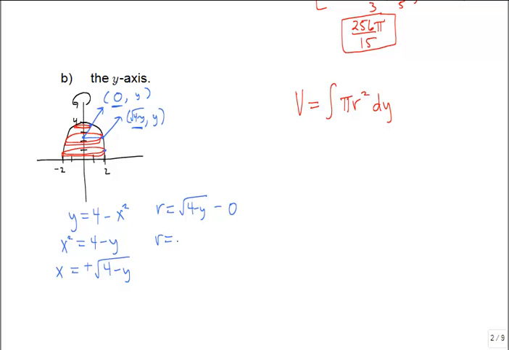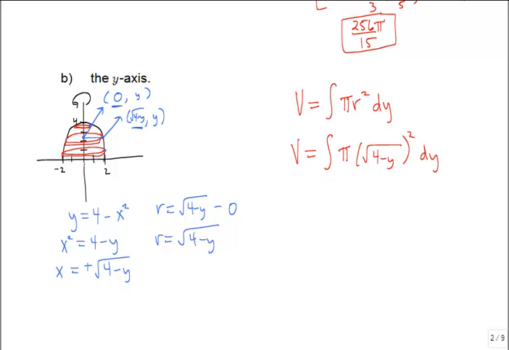So my radius function is the square root of 4 minus y. Okay, so now that's going to be what we use for this r right here. So this volume integral becomes the integral of pi times, and instead of r, I'm going to use the square root of 4 minus y, and then we want to square that radius. So there's my pi r squared, and now we need some bounds, and these need to be y bounds.